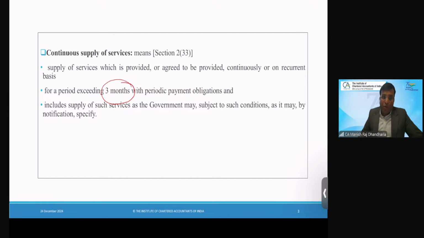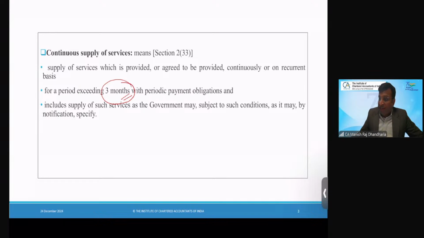So here also the continuous supply of services can be applied. But the most important point is that the period of continuous supply of service should be more than 3 months. Then only it will be classified as continuous supply of service. Otherwise, it won't be treated as continuous supply of services. This 3 months criteria is very important, and you can get a question on it in the exam.